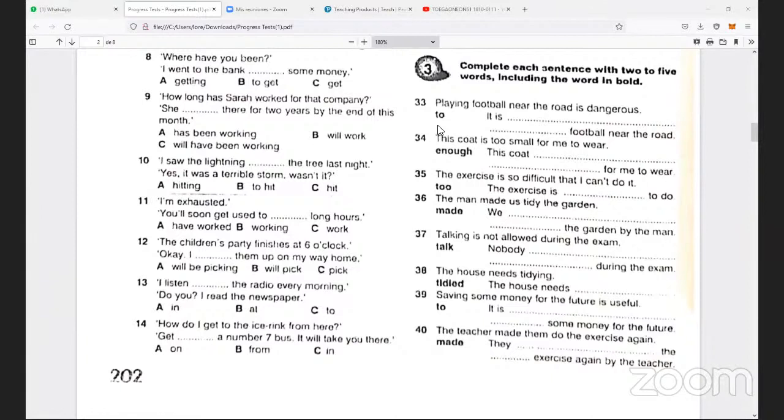It is useful to save some money for the future. Can you hear me?